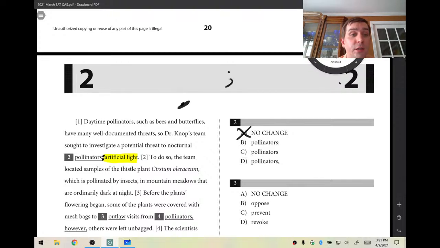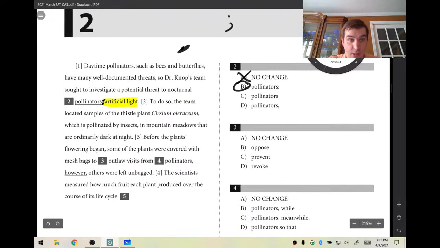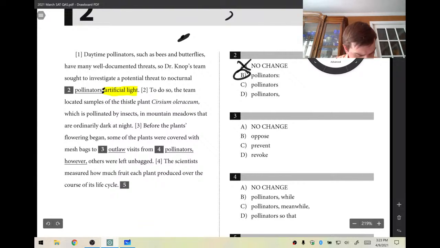So Dr. Knopp's team sought to investigate a potential threat to nocturnal pollinators." Period. Because that could be a sentence, I can put a colon there. A full sentence, a complete thought, an independent clause must precede a colon. But whatever follows the colon can be a single word. There's no such rule about what follows the colon. All right. Okay, let's move on to number 3.